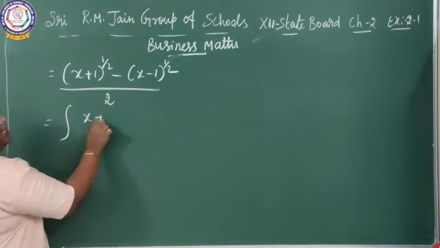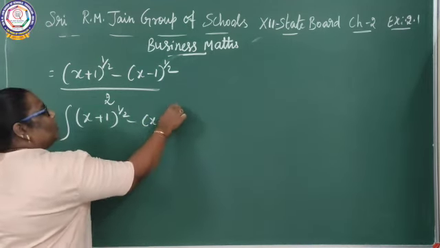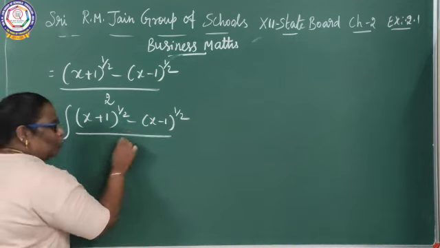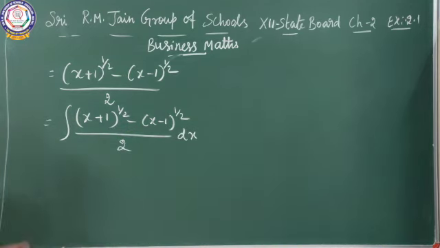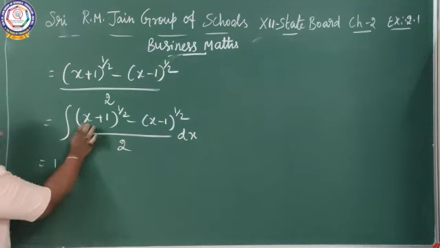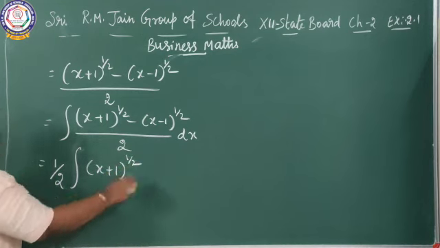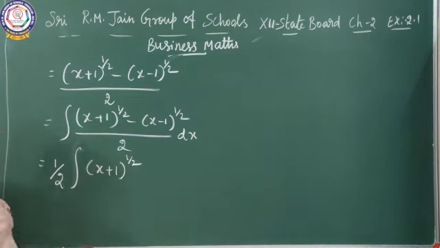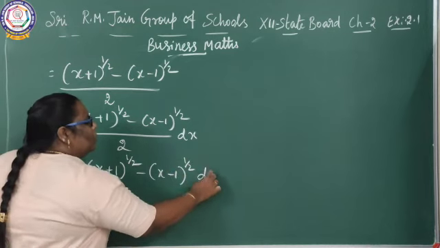Integral x plus 1 whole power 1 by 2 minus x minus 1 whole power 1 by 2 by 2 into dx. You can take 1 by 2 out. Integral x plus 1 whole power 1 by 2 minus x minus 1 whole power 1 by 2 dx.